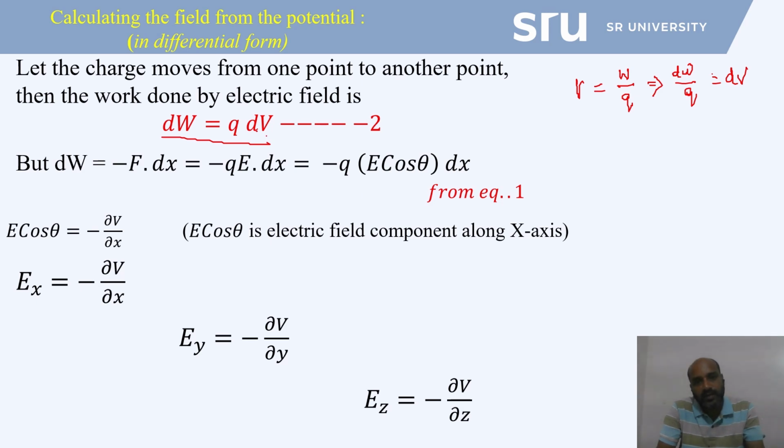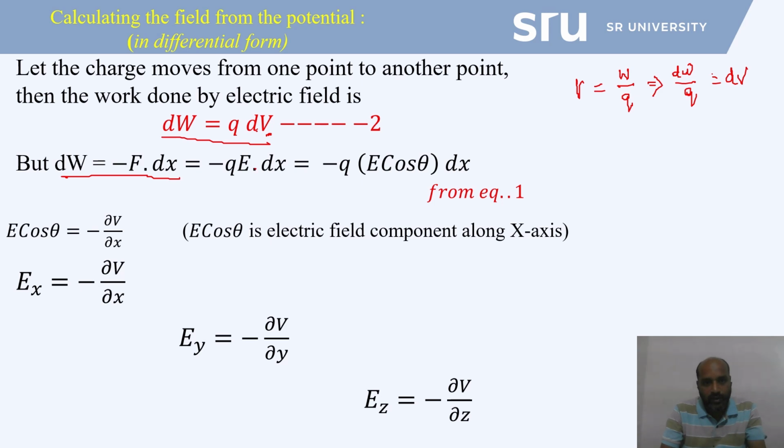To displace a small amount, dW is equal to Q dV. But from the previous equation, on the previous slide, dW is equal to minus F dx. That is the definition of work done: force dot displacement. So minus QE dx because that force is QE.